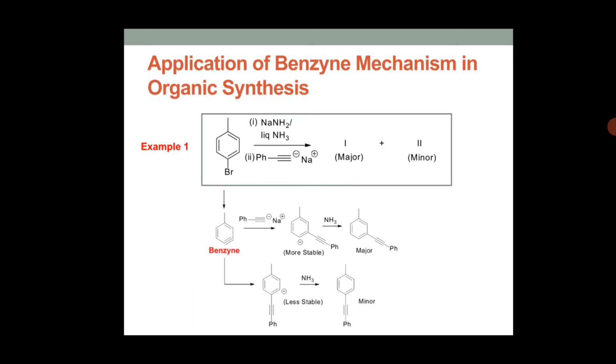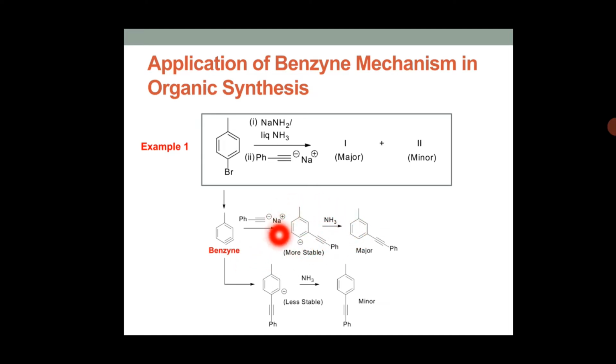Now, this is the benzyne intermediate, and when this benzyne intermediate is treated with sodium phenyl acetanilide, this is a nucleophile, and this nucleophile attacks the benzyne intermediate to give two carbanions. One this and the other one is this.